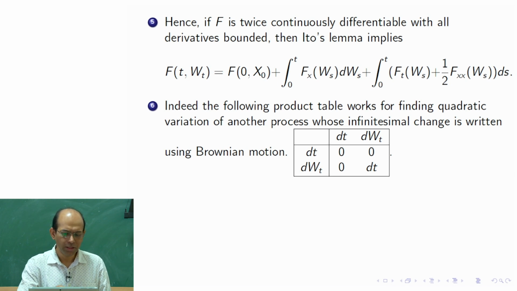So, here the following product table works for finding the quadratic variation of another process whose infinitesimal change, or increment, is written using Brownian motion.